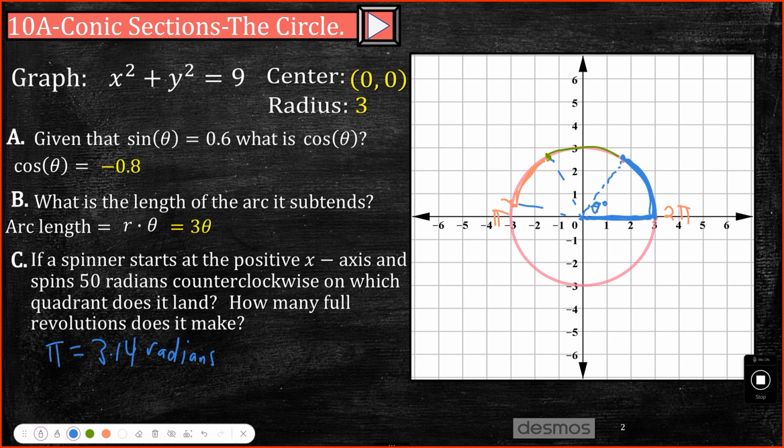Pi is equal to 3.14 radians. Pi is equal to how many degrees? 180? Yes or no? Yes, pi is 180 degrees, yes?